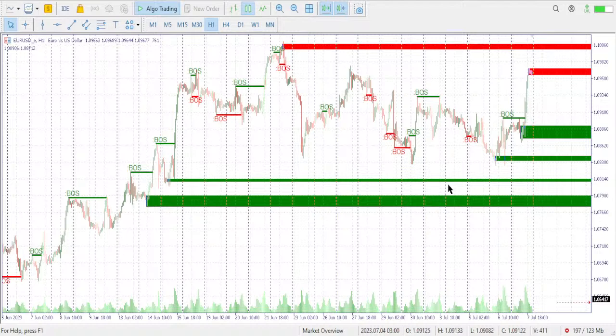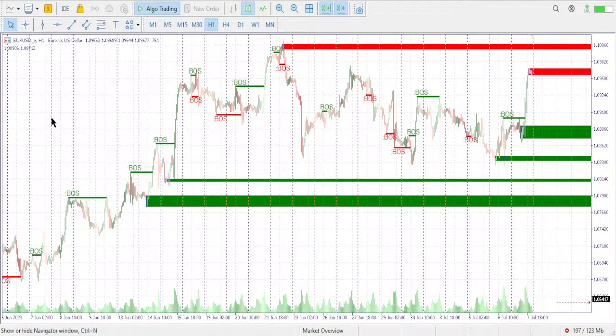We had a lower low, a higher low, a higher low, and a higher low, and currently the price is within this supply zone. If the price should break and close above it, that will be a very good sign that we are now looking for buy positions, expecting that the bars will push us upwards towards this red zone here. So that is basically my opinion on that chart.